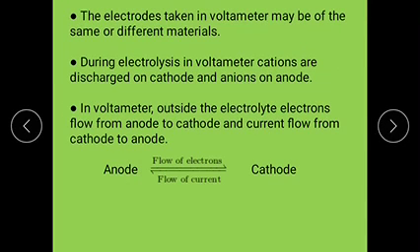The electrodes taken in a voltameter may be of the same or different materials. Generally, platinum electrodes are taken in the electrolysis process.